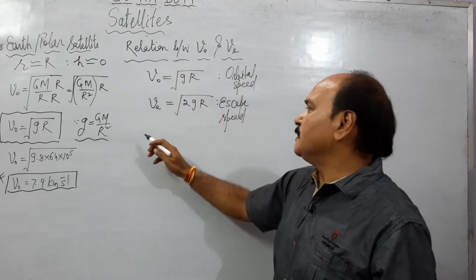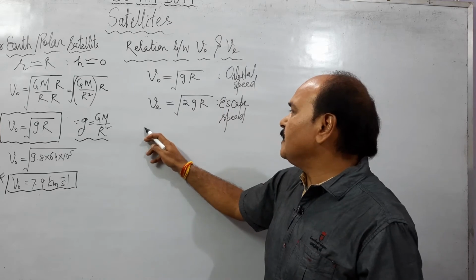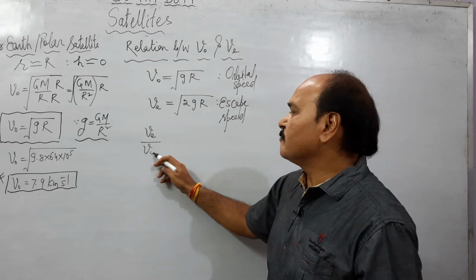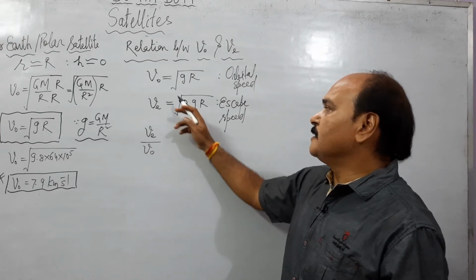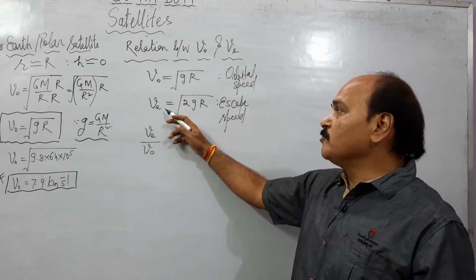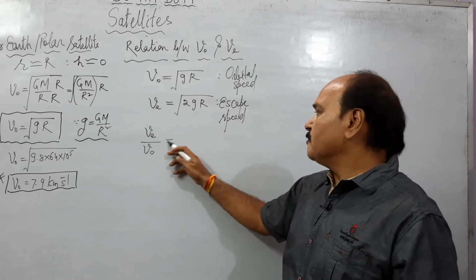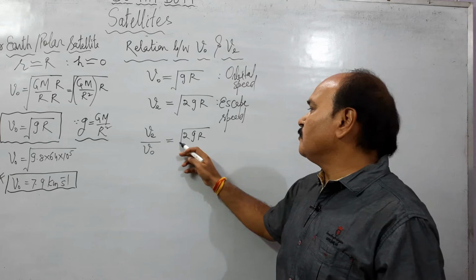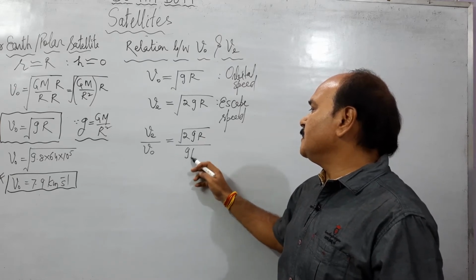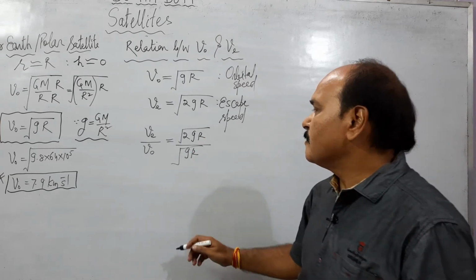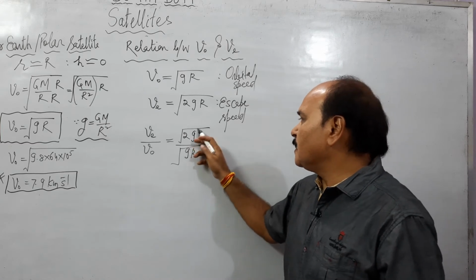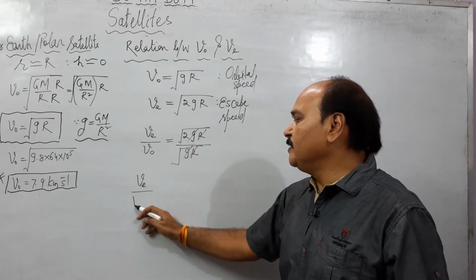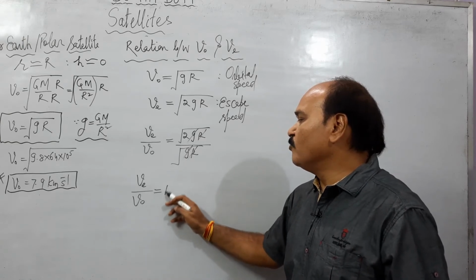Now you can see here, if we divide VE by V0, this is relation 1, this is relation 2. From 2 we divide 1. What do we get? We get root 2gR divided by root gR. What does this mean? gR will cancel out. We get VE upon V0 as root 2.